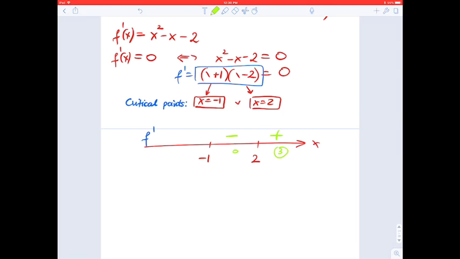I can do the other test value. Let's say negative 2. Negative 2 plus 1 is negative, negative 2 minus 2 is negative. Negative times negative is positive.